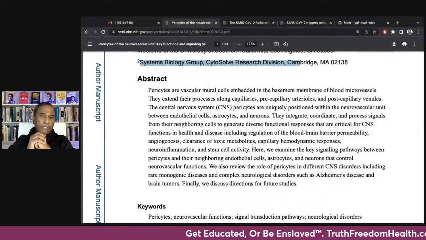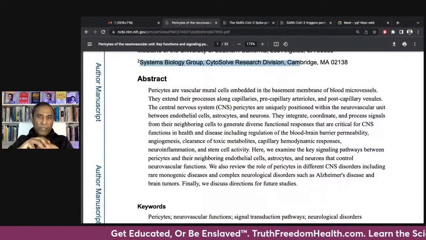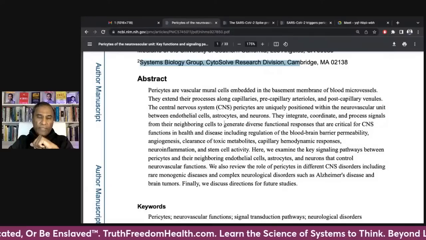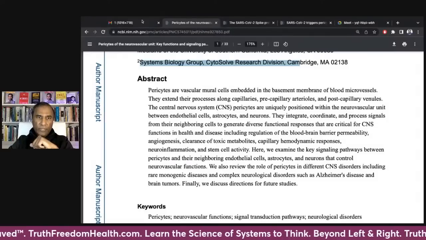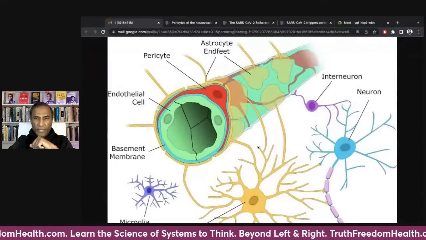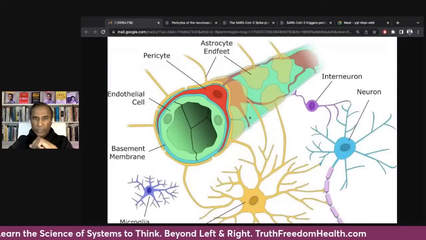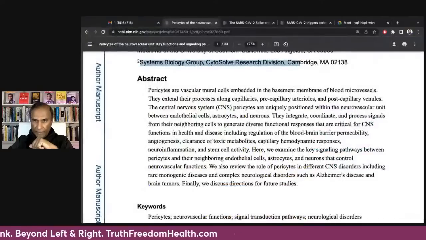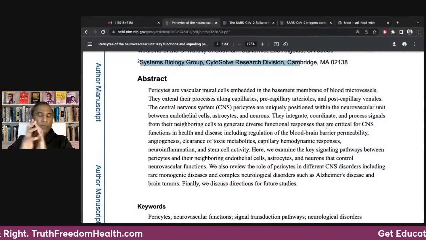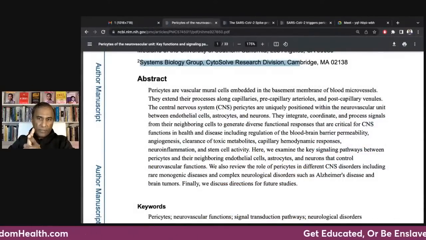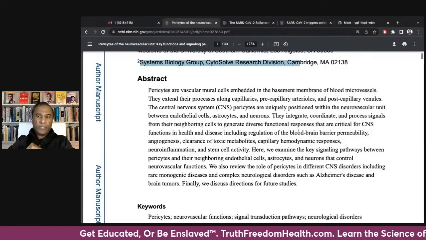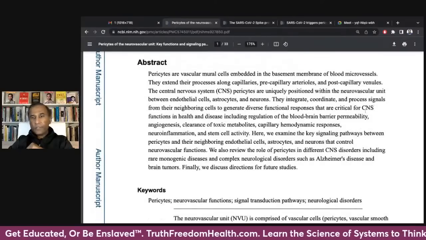The central nervous system, CNS pericytes, are uniquely positioned within the neurovascular unit between endothelial cells, astrocytes, and neurons. And there you go, right? So they're between, here's the astrocyte, here's a neuron, and they're between these guys. And it says they integrate. So this is what pericytes do. They integrate, coordinate, and process signals from the neighboring cells to generate diverse functional responses that are critical for the central nervous system.